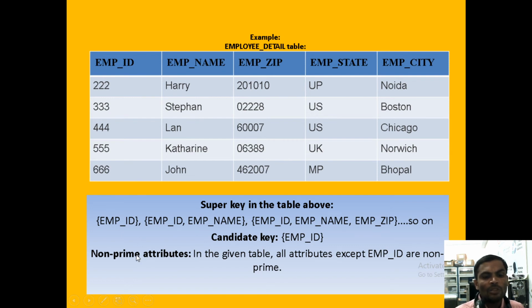The non-prime attributes in the given table are all attributes except employee ID: employee name, employee zip code, employee state, and employee city. We do not consider these attributes as primary keys. Only employee ID is the primary key.